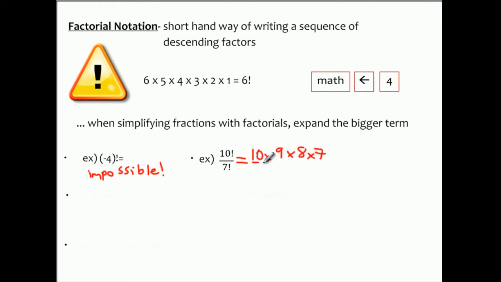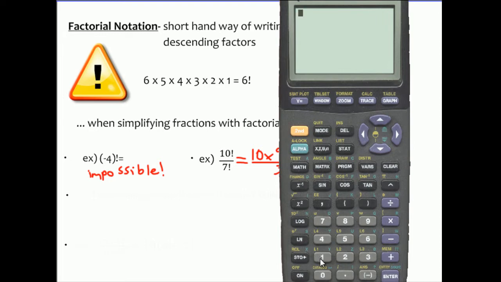Because the bottom has a 7 factorial in it as well, 10 factorial can be written like this. We stop here because we can cancel 7 factorial with 7 factorial. So if you were to do 10 times 9 times 8, that would give you this answer.